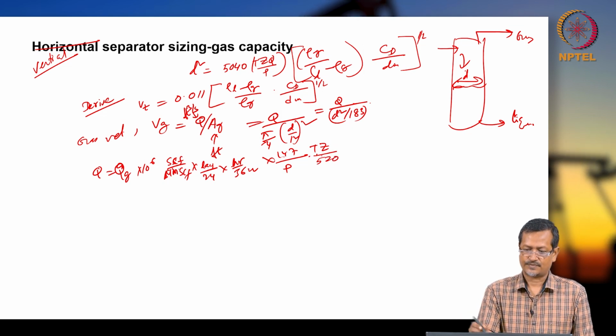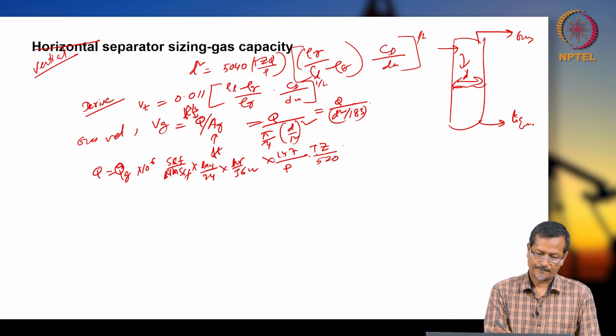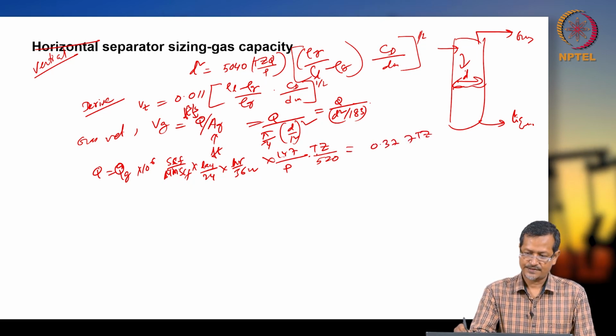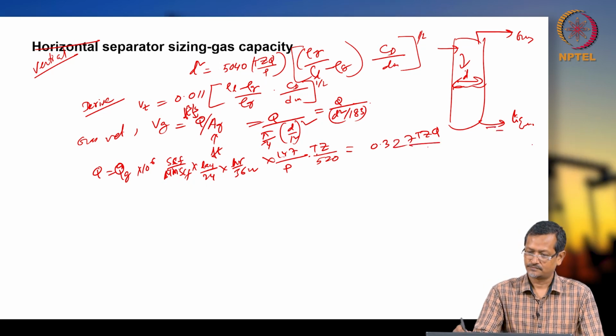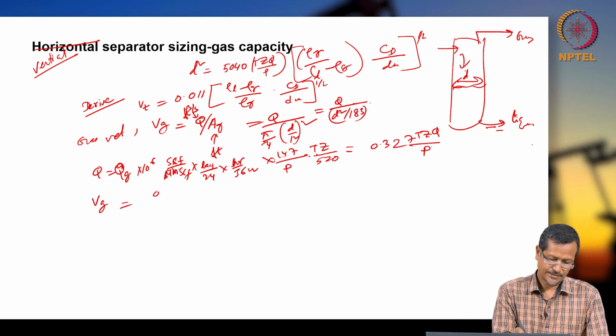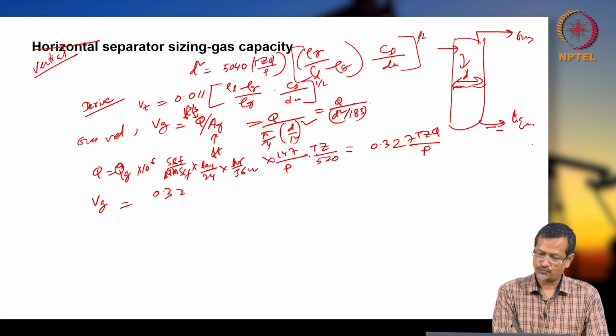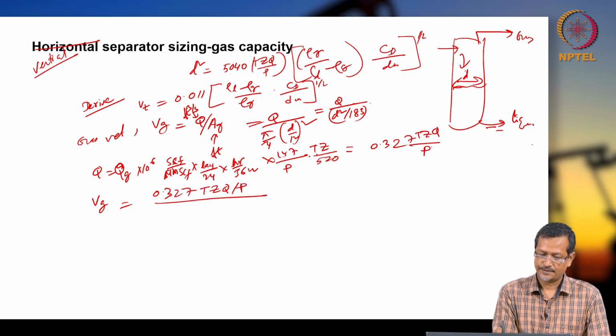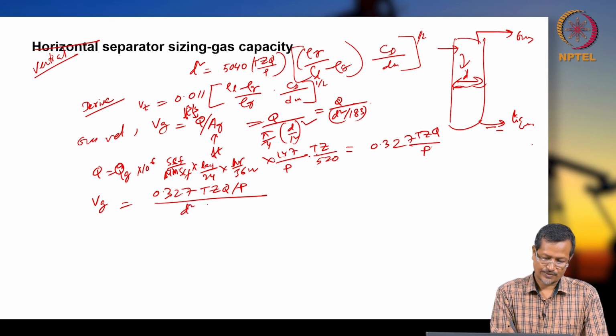We are assuming the same 60 degree temperature. So this gives 0.327 T Z Q by P. Now Vg equals 0.327 T Z Q by P divided by D square.